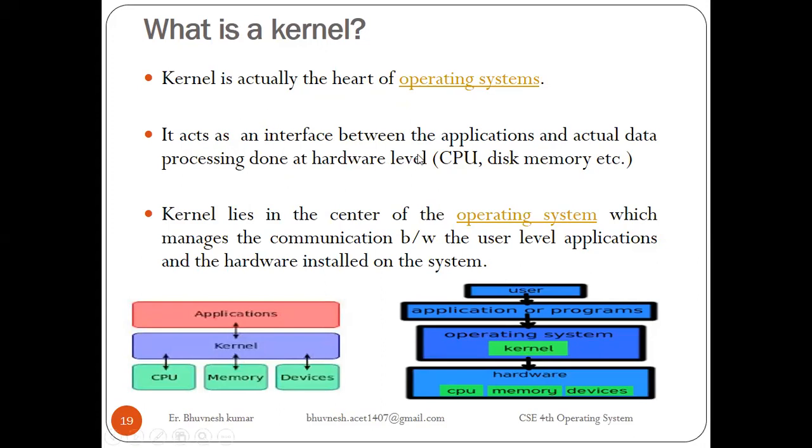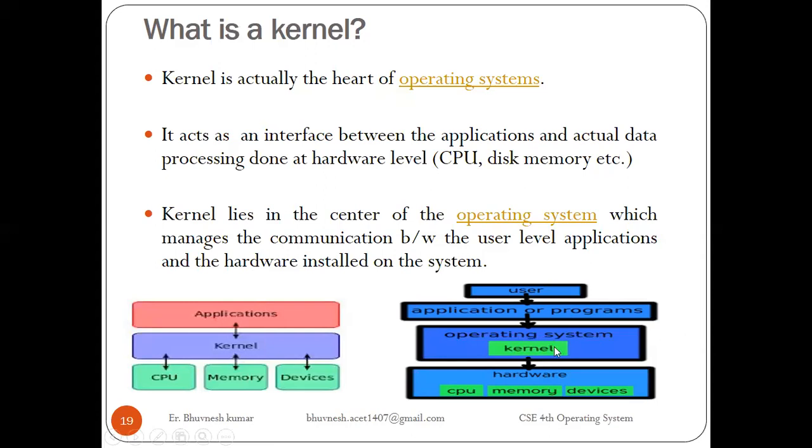It acts as an interface between the application and the actual data processing done at the hardware level. Who is the interface? That is the kernel, between your application and your actual data. See this diagram on your screen.